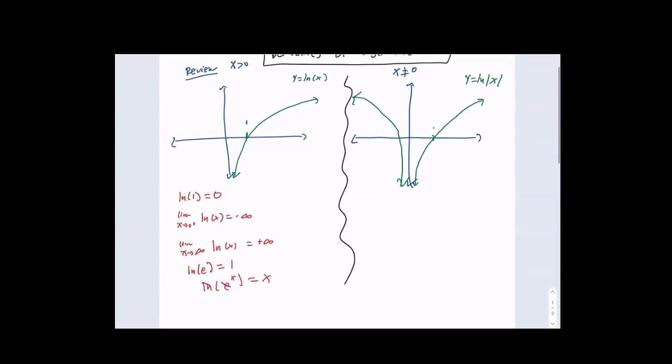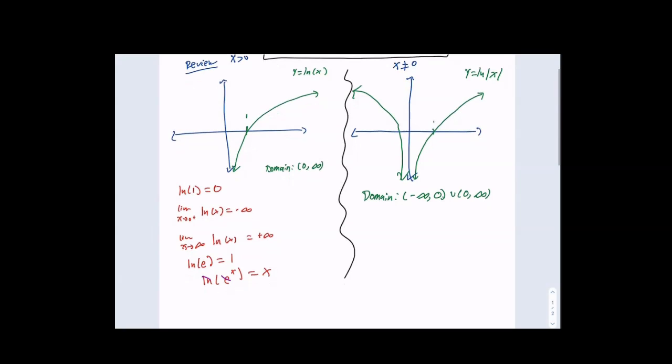The main reason, like I said, is that now the domain is negative infinity to 0, union 0 to infinity. Over here, the domain was just 0 to infinity.